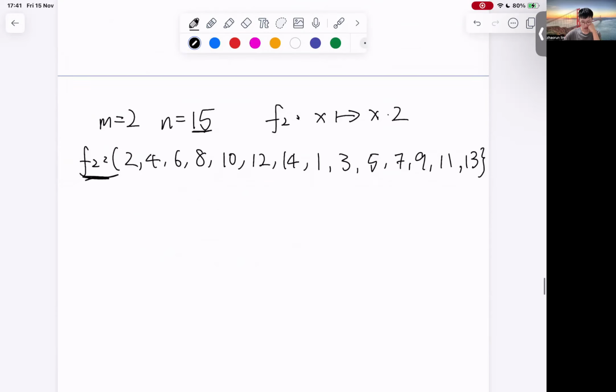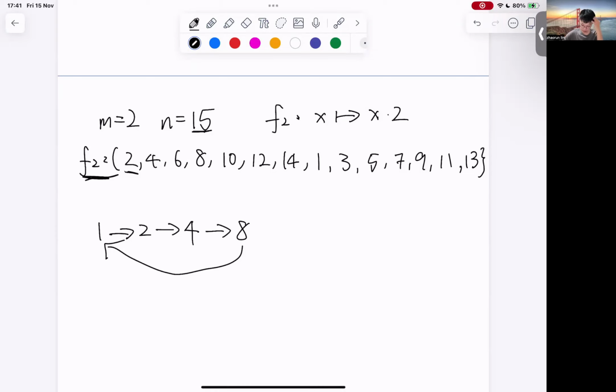And we can see 1 would map to 2, 2 would map to 4, 4 maps to 8, and 8 maps to 1. So we have the cycle 1, 2, 4, 8.